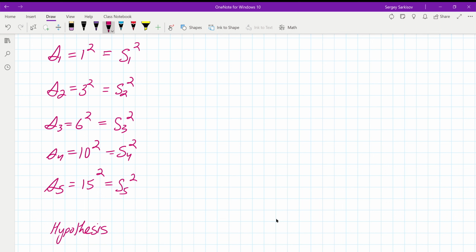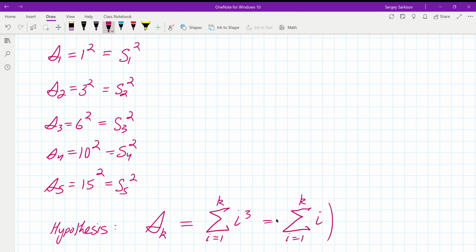Okay, I'm going to guess that my S_k, in other words, the sum of the cubes, i equals 1 to k of i cubed, is going to actually equal the sum of the numbers from 1 to k, just the natural numbers, the arithmetic sum squared. In other words, what we're saying is S_k and then squared. That's a cool formula if we could show it, right?